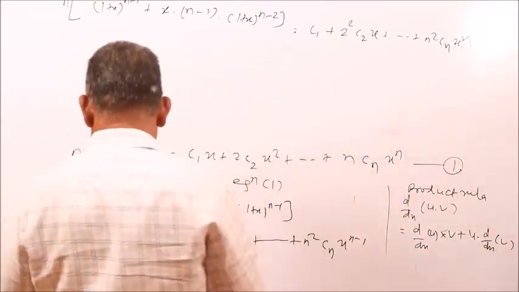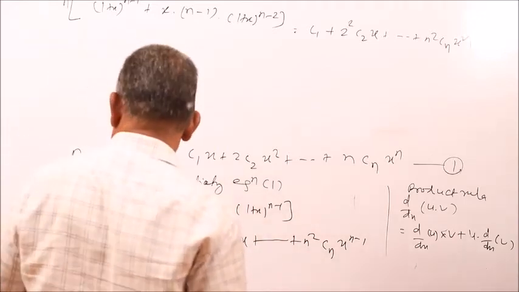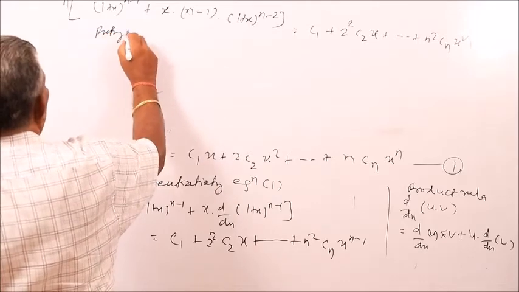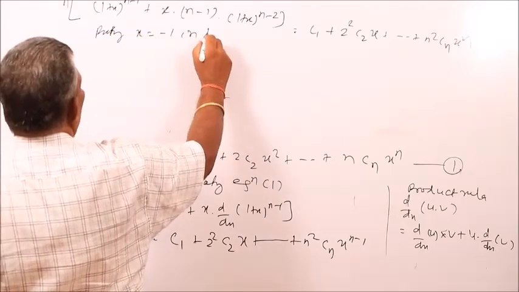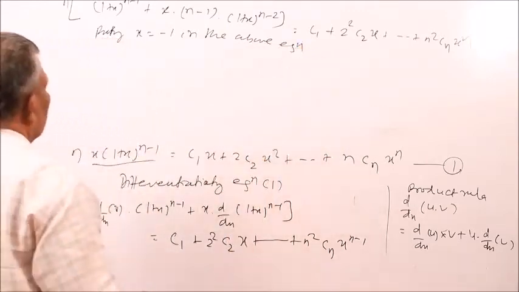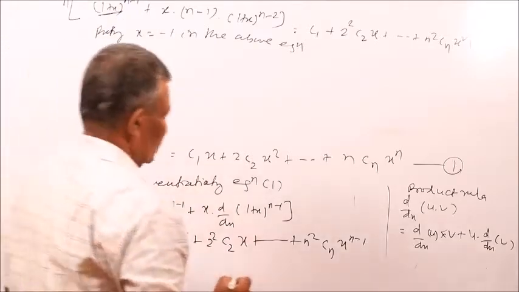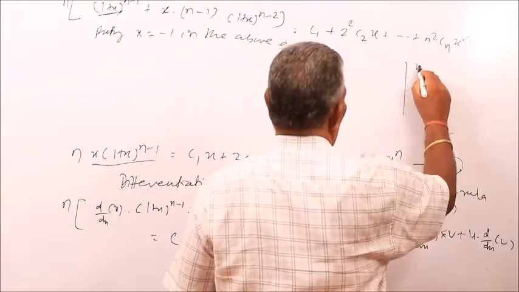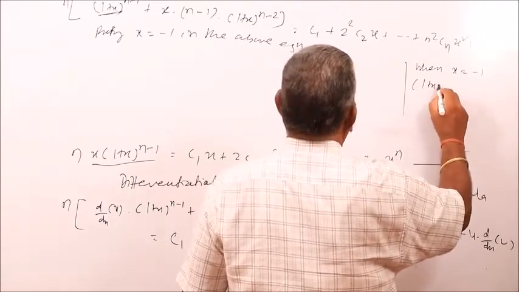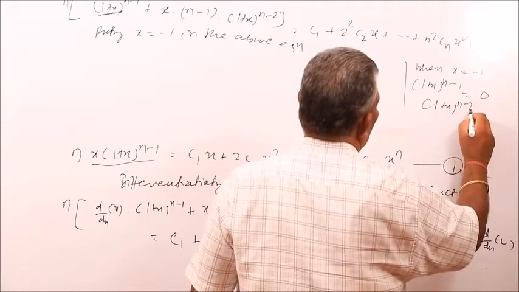We have to find the sum of nC1 minus 2 square nC2. So putting x equal to minus 1 in the above equation, see one thing: while putting x equal to minus 1, (1 plus x) whole to the power n minus 1 equals 0, and (1 plus x) whole to the power n minus 2 is also equal to 0.